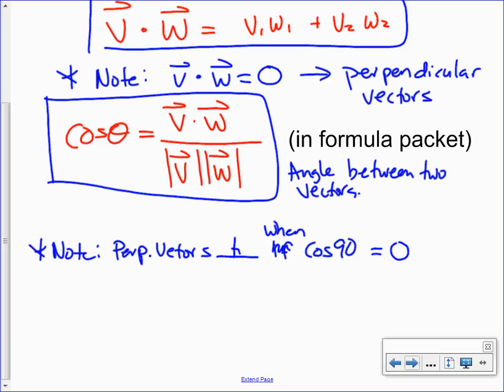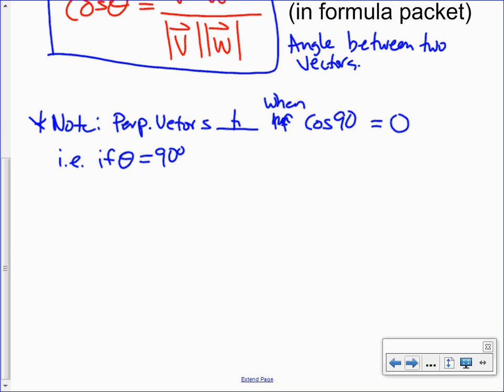In other words, if theta is 90 degrees, then the cosine of theta, which is B dot W over magnitude B and magnitude W, the dot product would have to be 0.